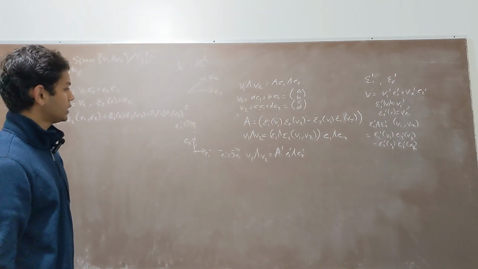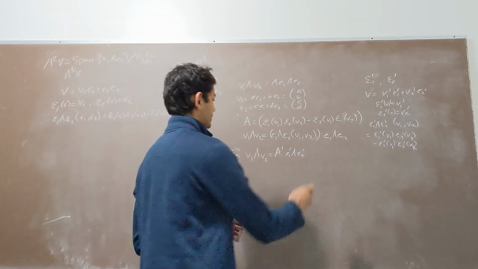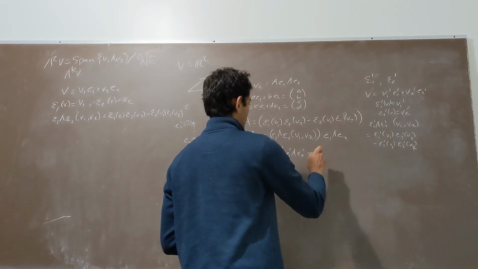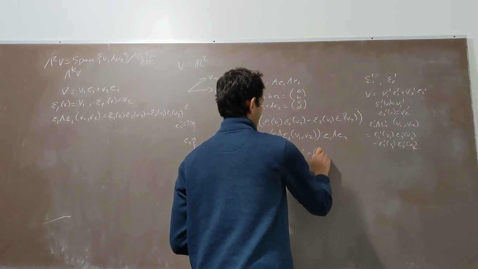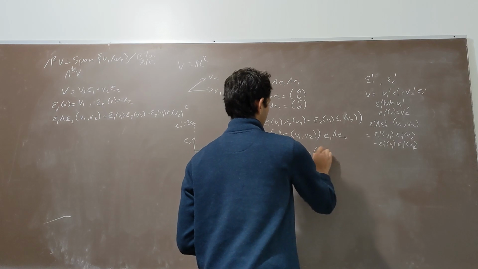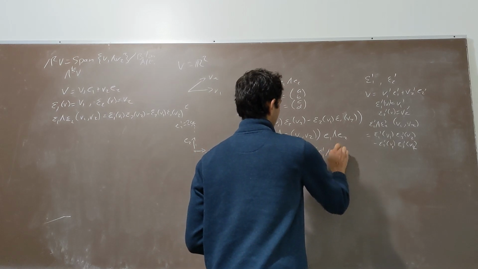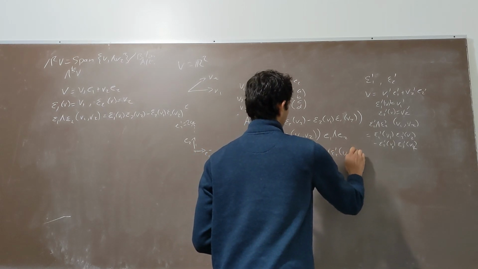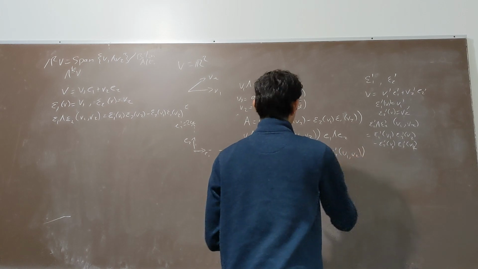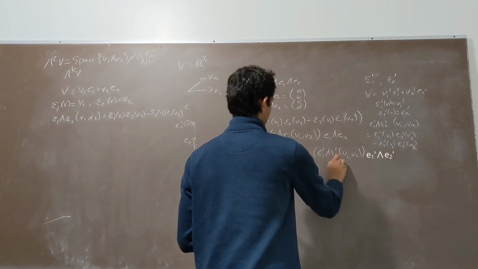And so now we have from this definition that A prime should be equal to epsilon 1 prime wedge epsilon 2 prime evaluated on V1 and V2 times this area. So this quantity is equal to A prime.